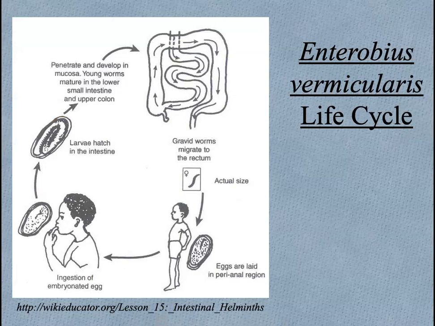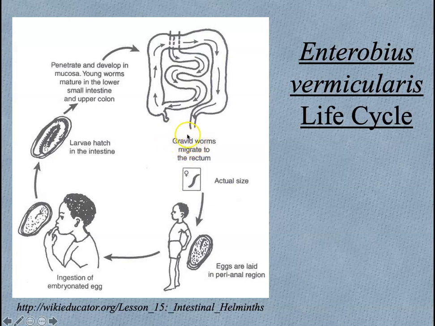Okay, here's a good picture of a little boy being infected. So let's start right here, where the gravid worm, the term gravid is a new definition term for you, I'm sure. It means pregnant.